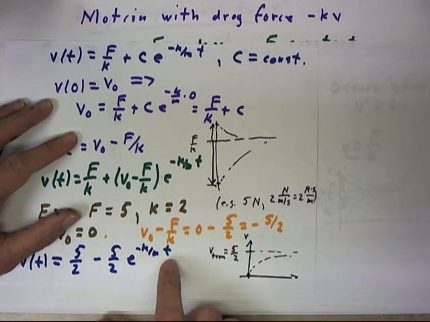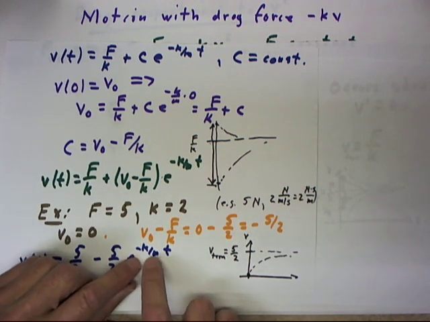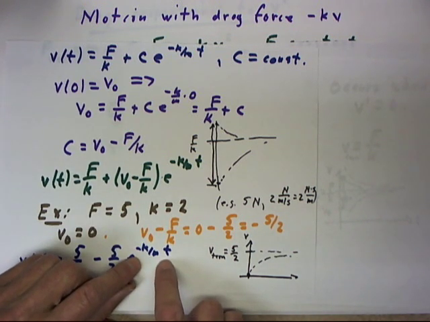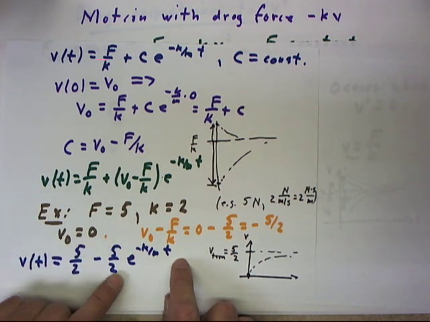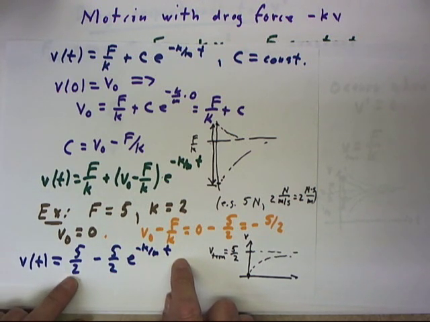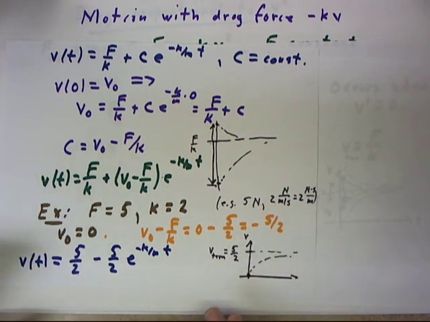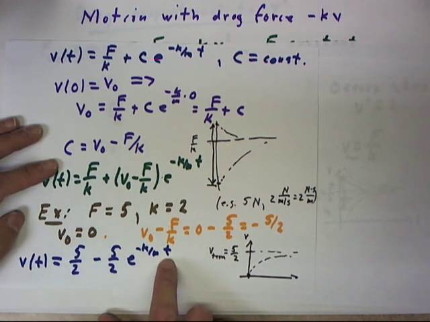Again, as t approaches infinity, e to the negative k over m t approaches 0, so that 5 halves e to the negative k over m t is going to approach 0, and our velocity is going to approach 5 halves. Once again, to clarify, hopefully, and eliminate any confusion. When t is 0, the exponential is 1.